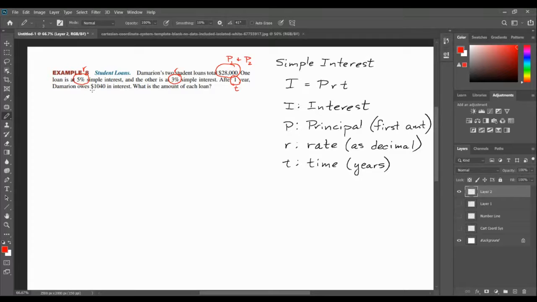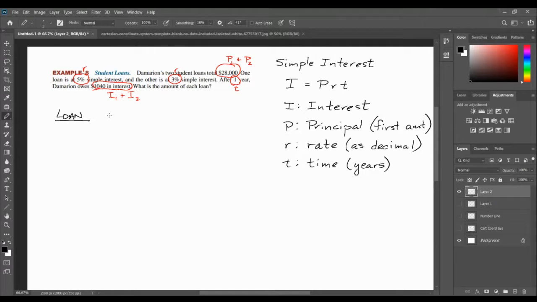After the year, he owes this much in interest. So there's the I total, I1 plus I2. What is the amount of each loan? So let's go to our table. We've got two loans.